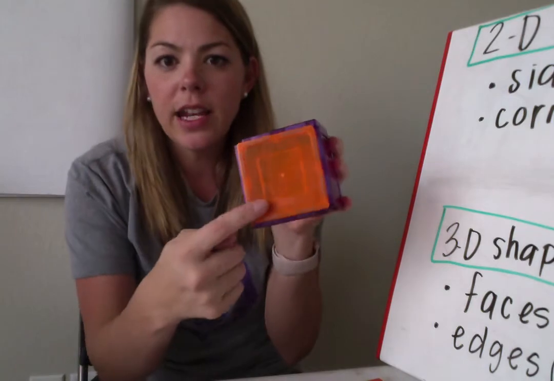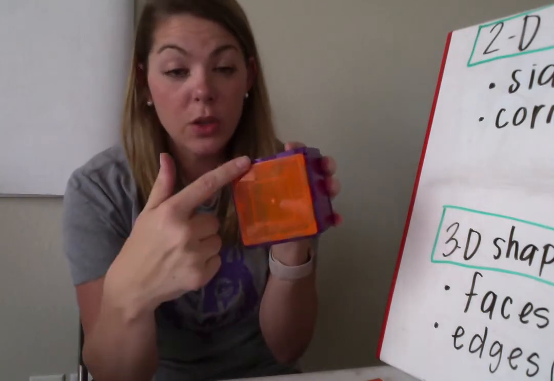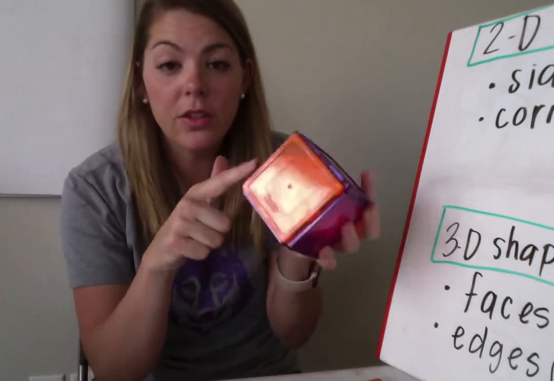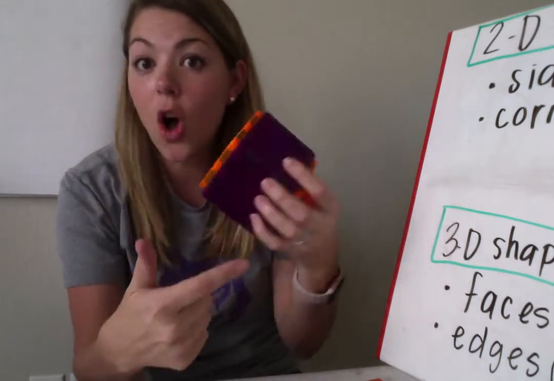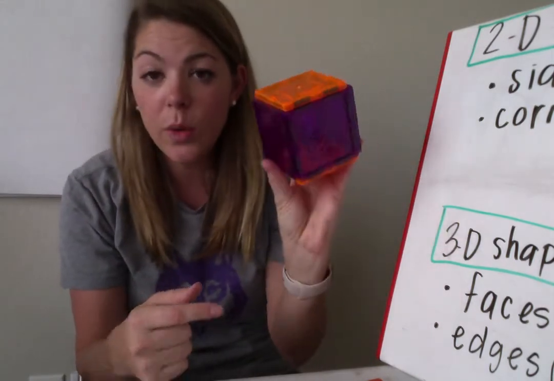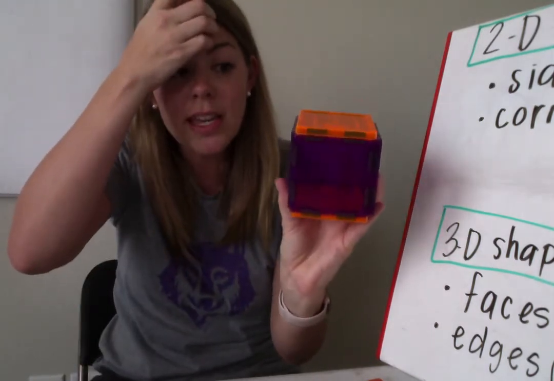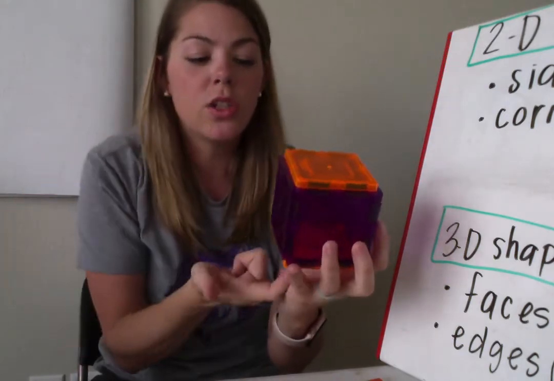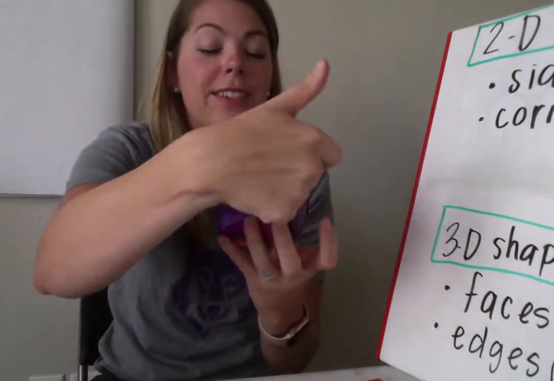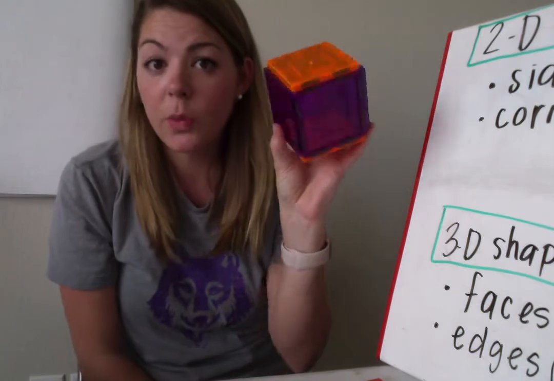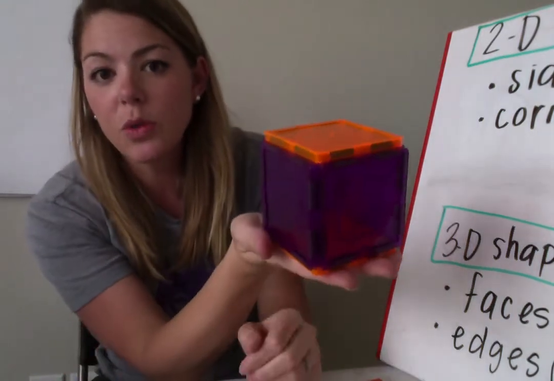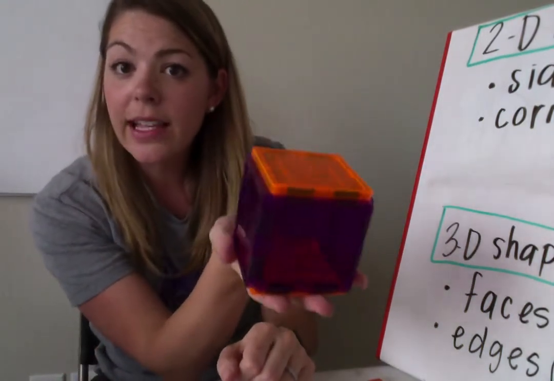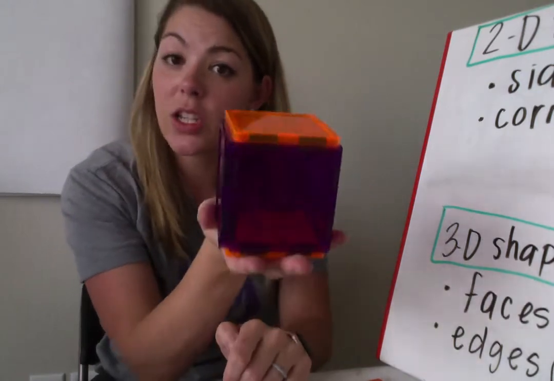You can see that I used 1 magnet block here of a square, another square, another square, another square, another square. It's all squares. Every side is a square. So a cube is made up of 1, 2, 3, 4, 5, 6 squares. So when you put 6 squares together, you create a cube. And that is one of our 3-dimensional shapes, is a cube.